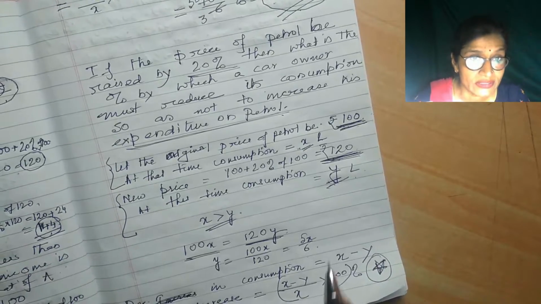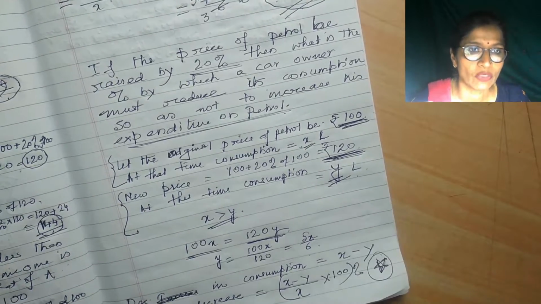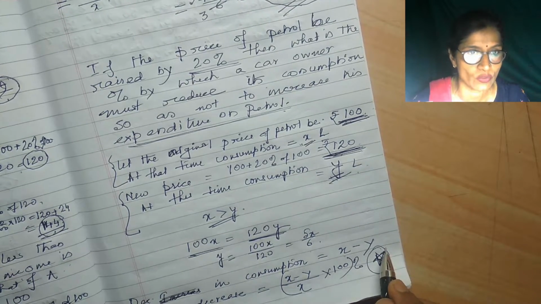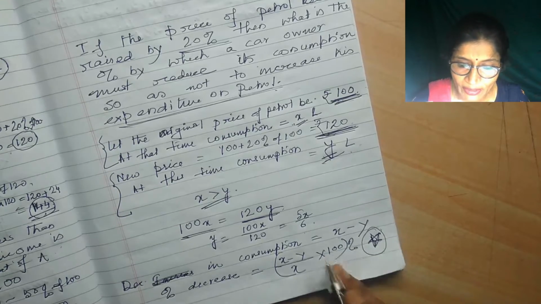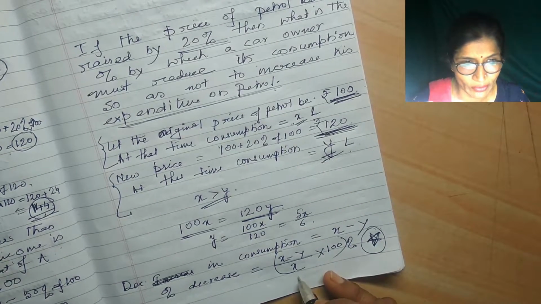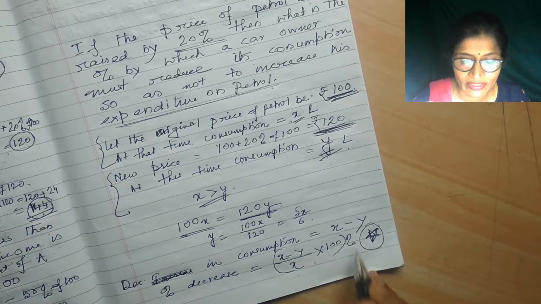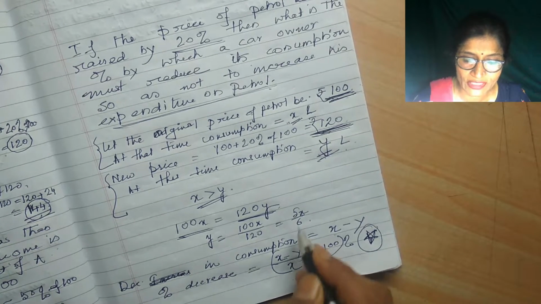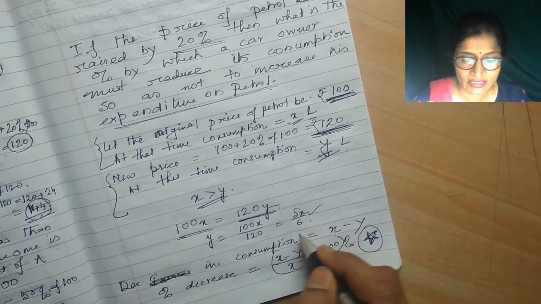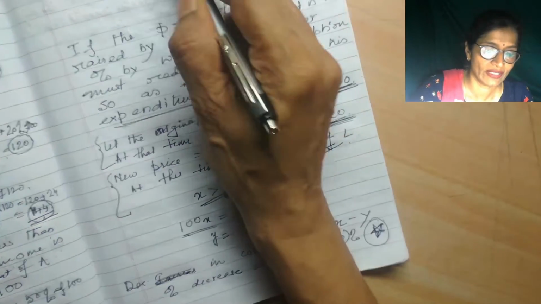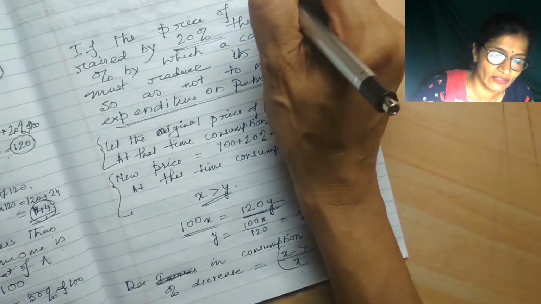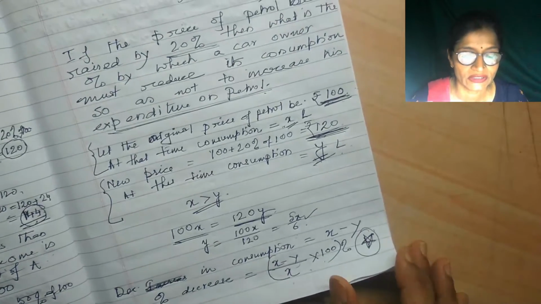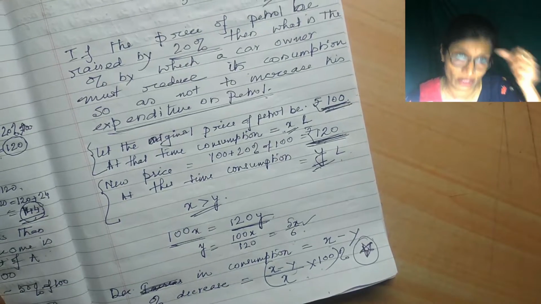Now the decrease in consumption is how much? Initially it was X, now it is Y, so the decrease in consumption is X minus Y. But the percentage decrease will be X minus Y divided by the original, into 100. That will give me the percentage decrease in consumption. Now Y is replaced by 5X divided by 6, and X will be cancelled, and you get the percentage, which is 16 2 by 3 percent.